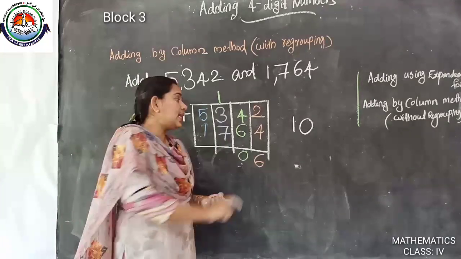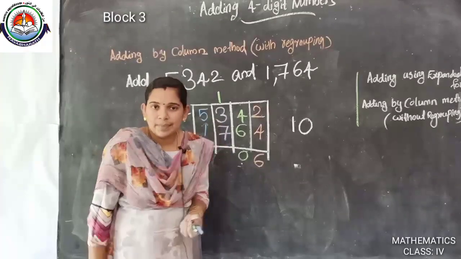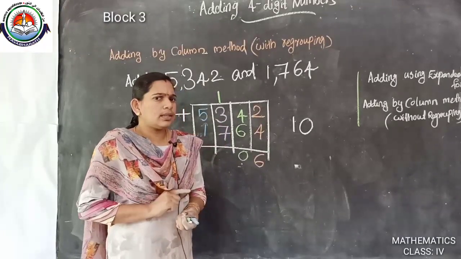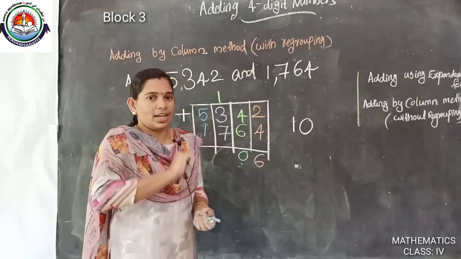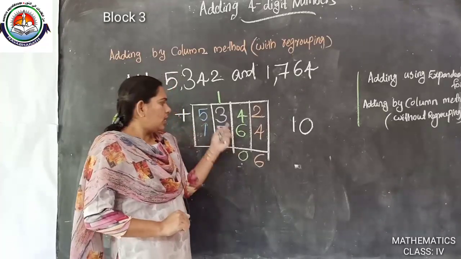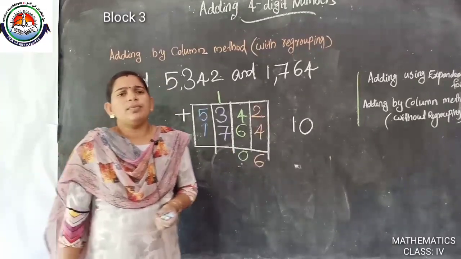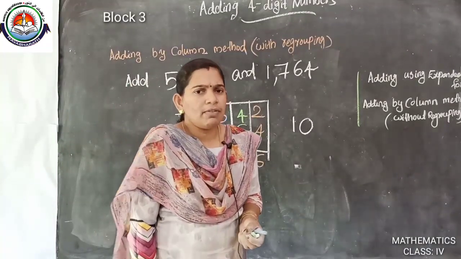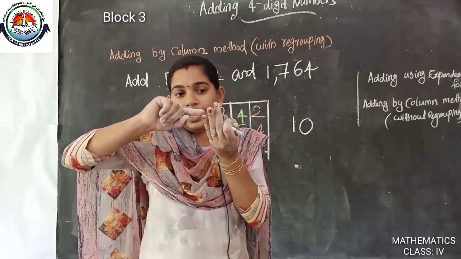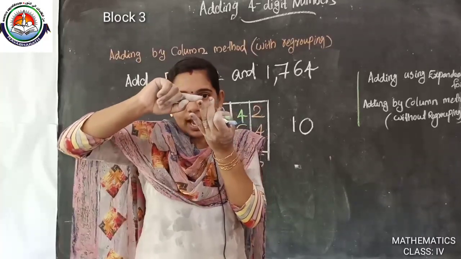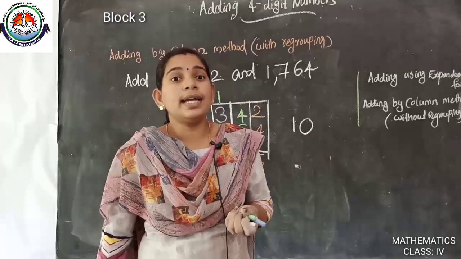Yes, we add these 2 digits. Which digits are there? 3 and 7. What is the value after adding 3 and 7? 7, 8, 9, 10. 10 is the answer.